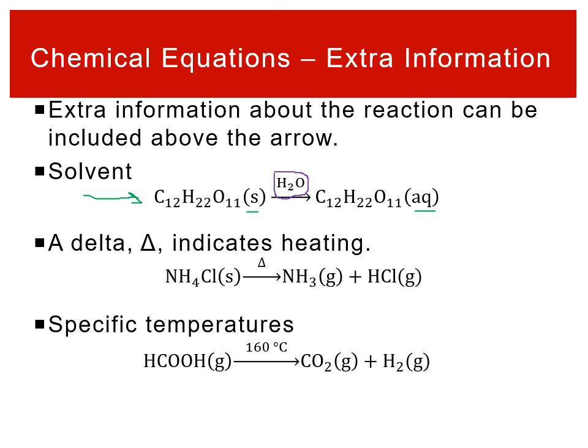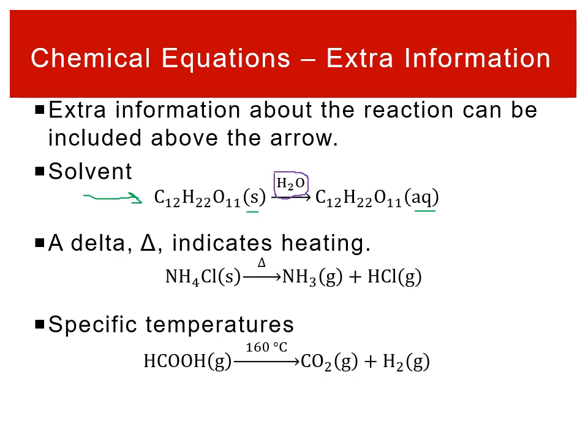We should note that is entirely optional. You don't have to put it there, because when that final phase is AQ, that inherently implies that it is dissolved in water. There's only one way to become aqueous, and you have to be dissolving it in water. So it would necessarily be implied, but you can give some extra information, help out the reader.